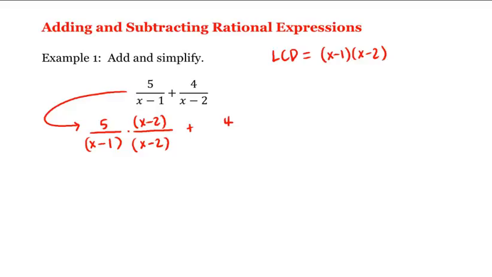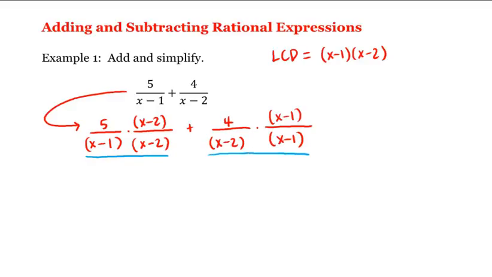And in the second fraction, what's missing is this x minus 1. All right, and by commutativity, this x minus 1 times x minus 2 and x minus 2 times x minus 1 are equal, which means now we can add the numerators.